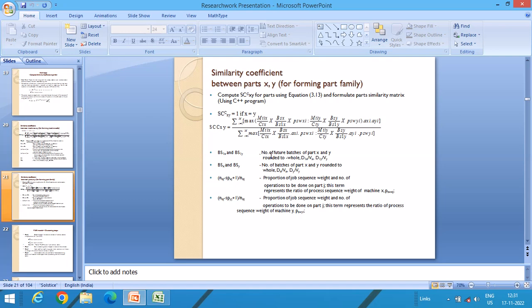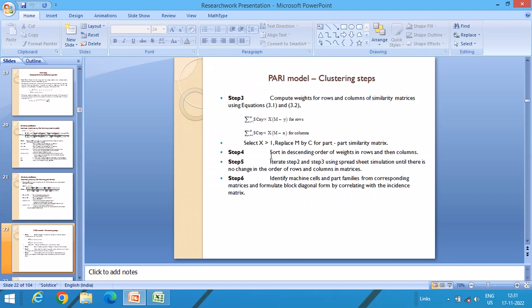So we are calculating the similarity coefficient values and forming similarity coefficient matrices of machines as well as components. By using this formula, we are finding out the row weight as well as the column weight. Row weight is the summation of y equal to 1 to m of the similarity coefficient of the particular machines x and y into the arbitrary value x power m minus y for rows.